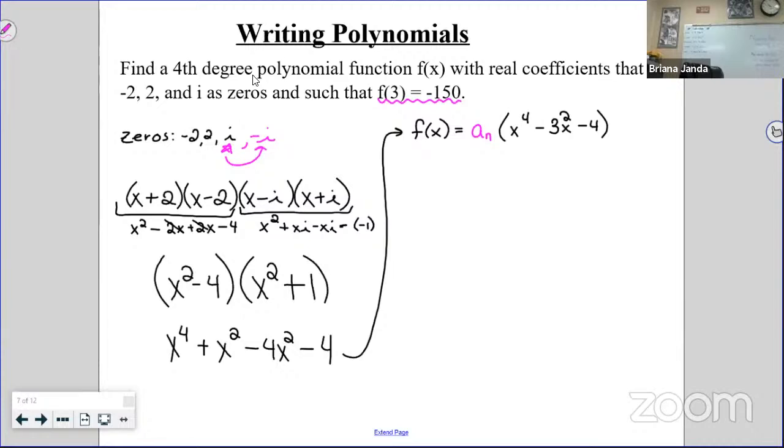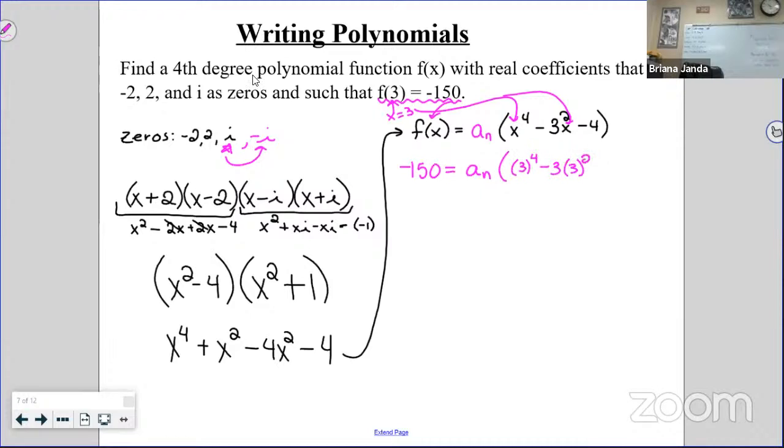So now I plug in this information. Remember, x equals 3 is going to go in for the x's in my polynomial. And they say when I do that, I'm going to get an answer of -150. And to do that, we have to figure out what this multiple right here would be when I plug in 3 for x.